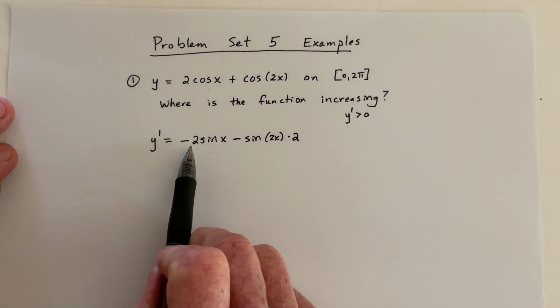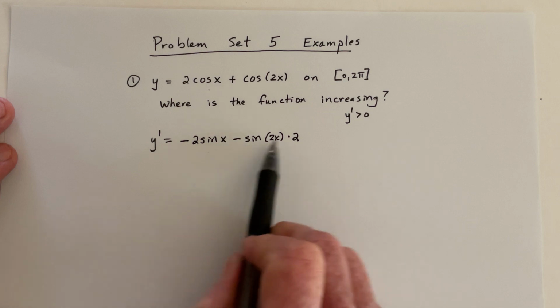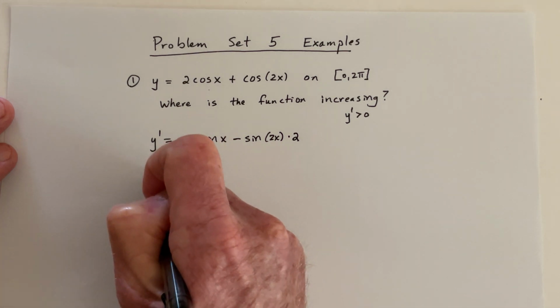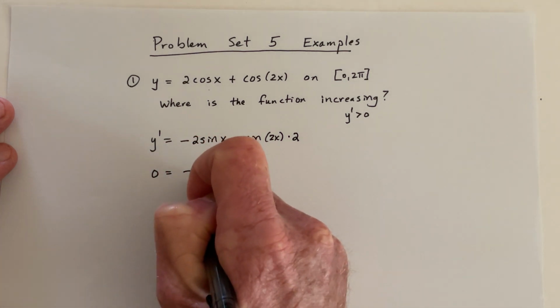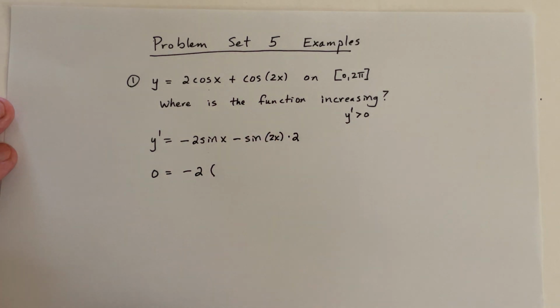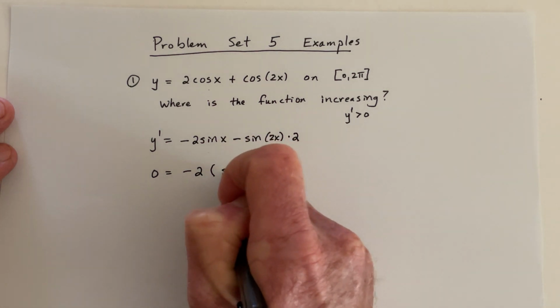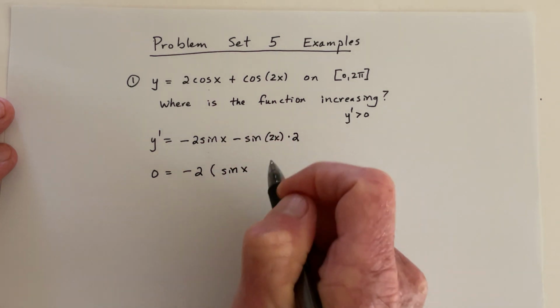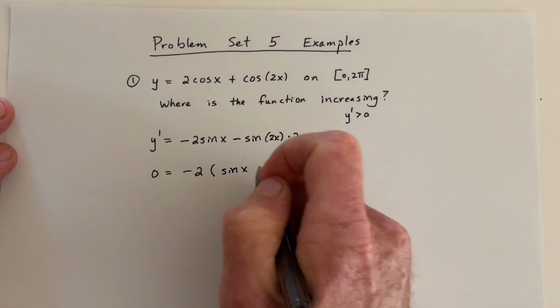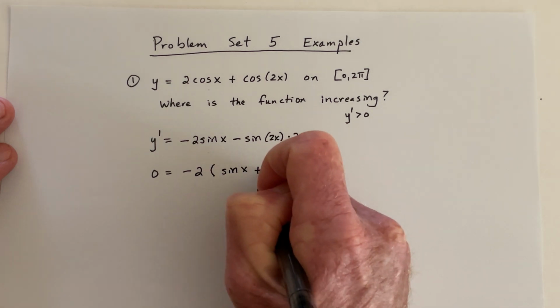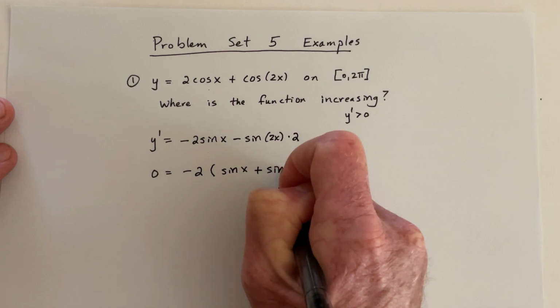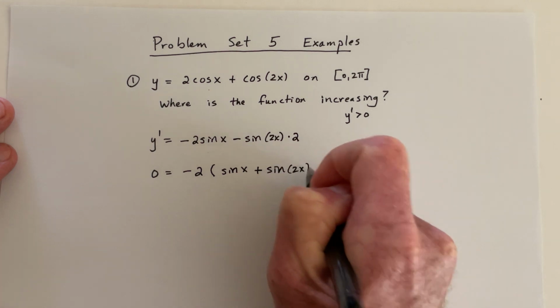And I notice that this has a -2 and this also has a -2, so set it equal to 0 and I'm going to factor out the -2. So this will leave behind sine of x and I'm factoring out this negative, so it's going to leave plus sine of 2x.